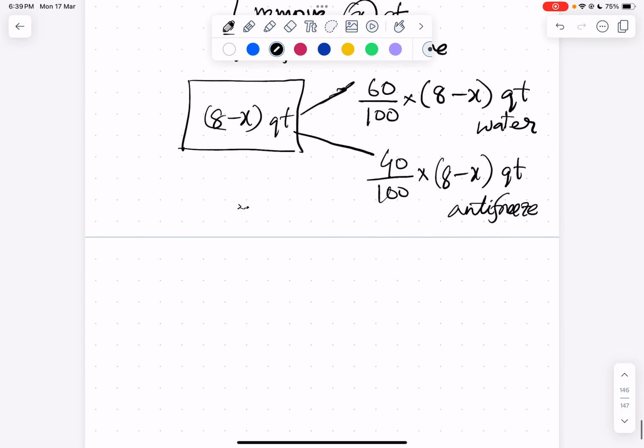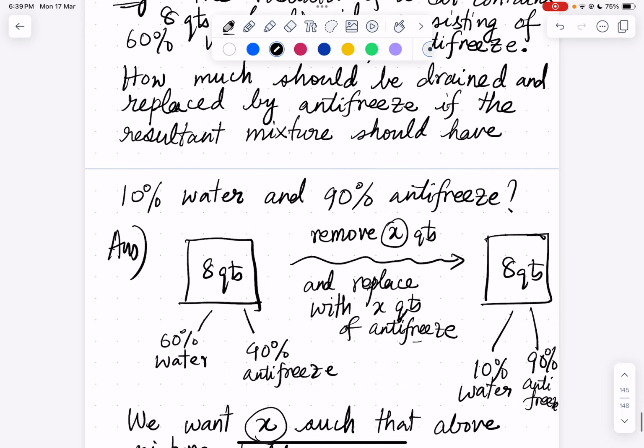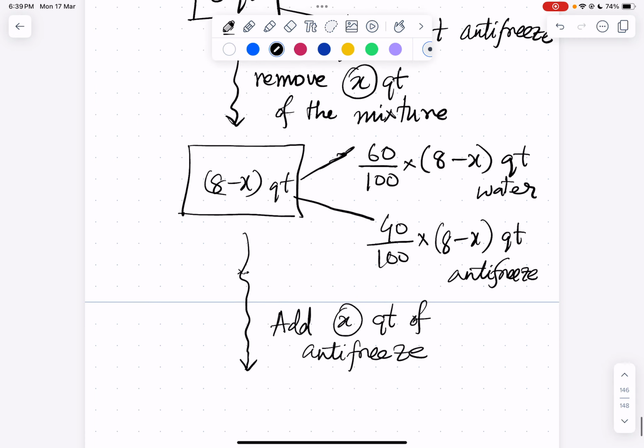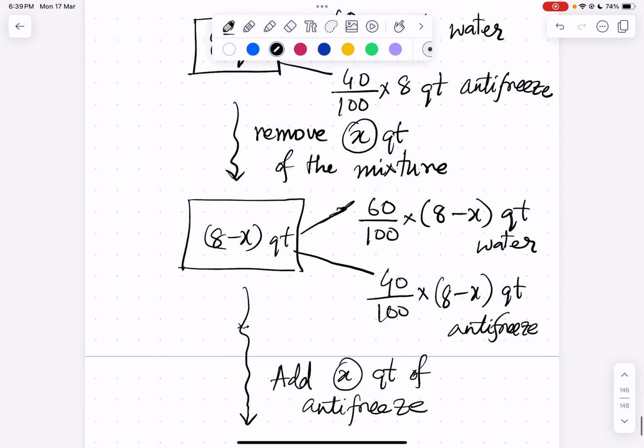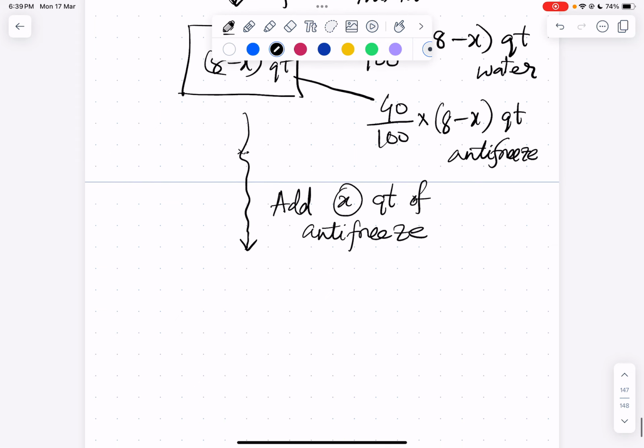Now after removing X quarts of the mixture, we add X quarts of antifreeze. So the question is this, right? How much should be drained and replaced by antifreeze if the resultant mixture should have 10% water and 90% antifreeze? So we want to find how much we must remove, X. So we have removed X quarts of the mixture and added X quarts of antifreeze.